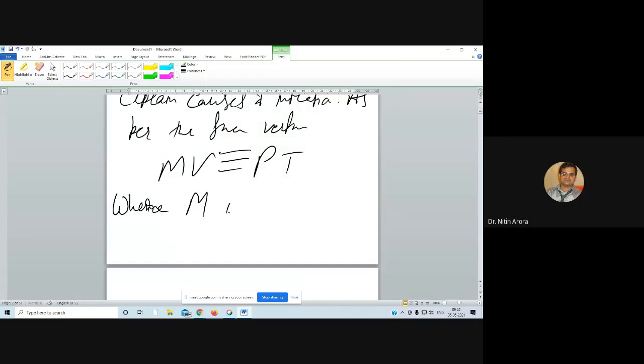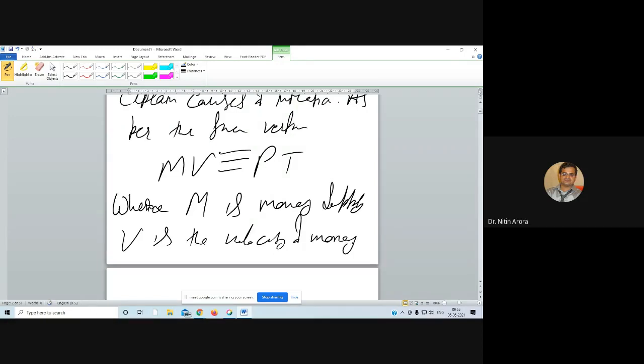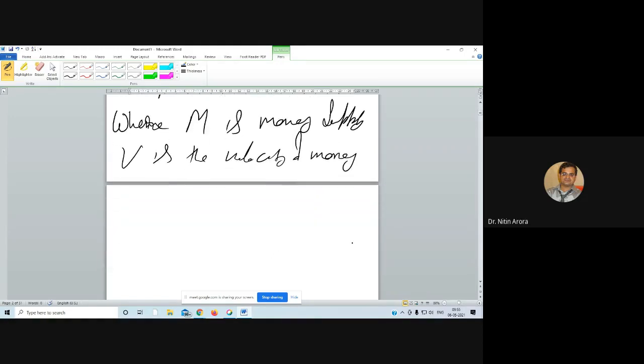Where M is money supply, V is the velocity of money. I hope you remember this equation. We did this equation when we were discussing the aggregate classical model.